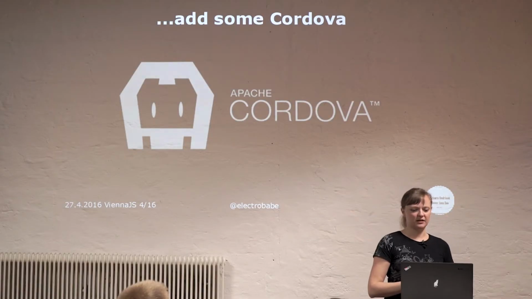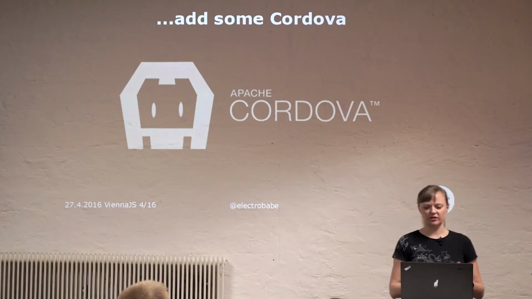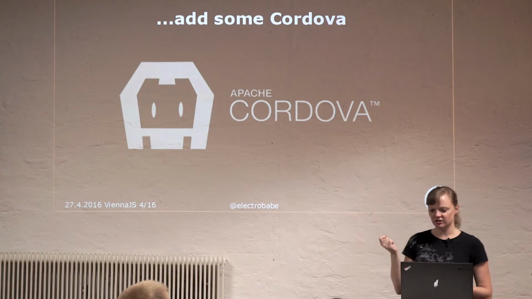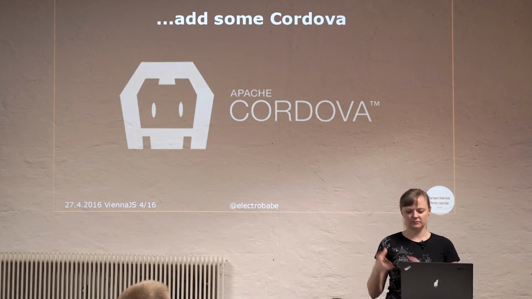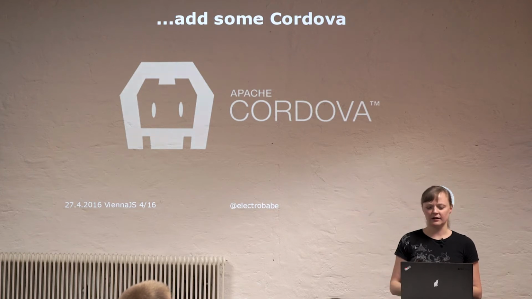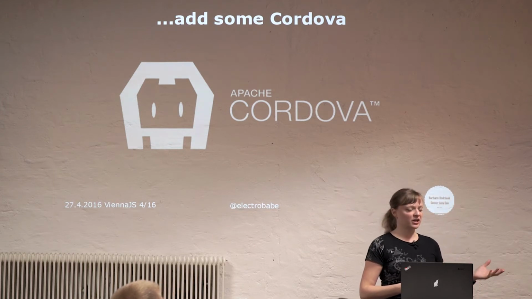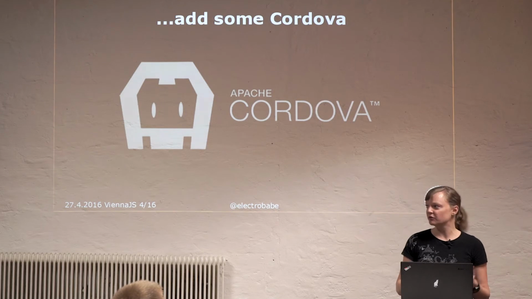And there are many Cordova core plugins, such as the accelerometer, for the shaking gestures, or you can also access the camera, connections, contacts, events, media, notifications, geolocation, files, and so on. So everything a developer might need.